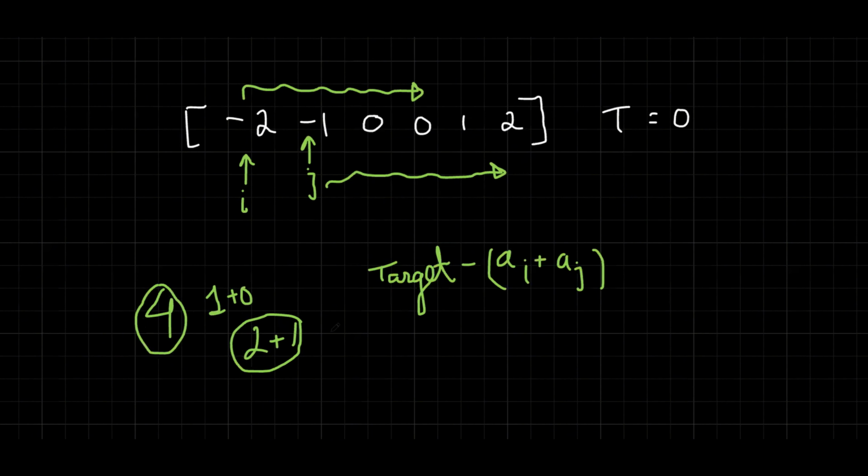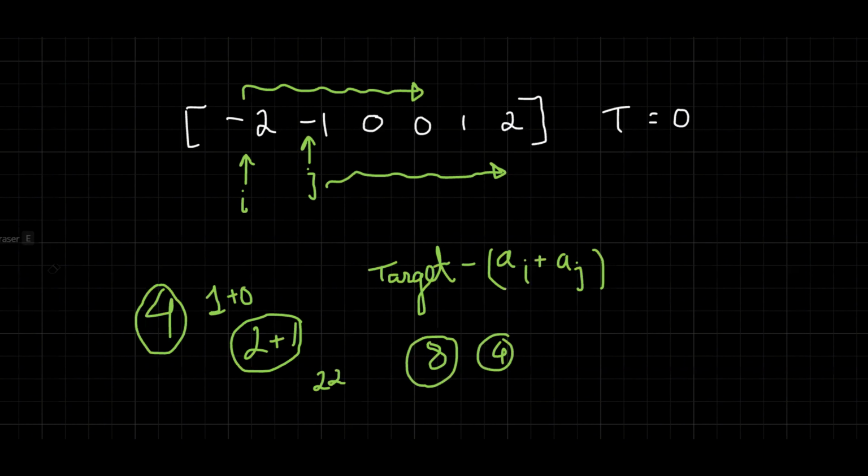So here, now let's take another example. Suppose our target is 8 and a of i is 2 and a of j is 2. Now, if we find other elements which have a summation of 4, then the sum of our quadruple will become equal to the target.